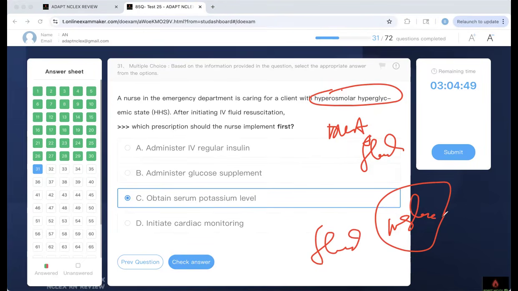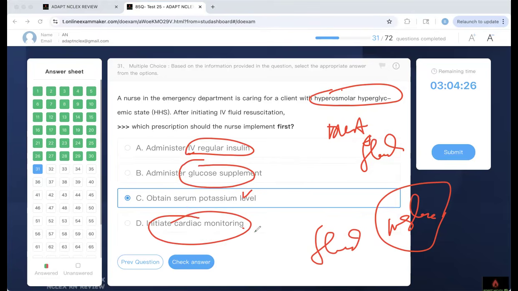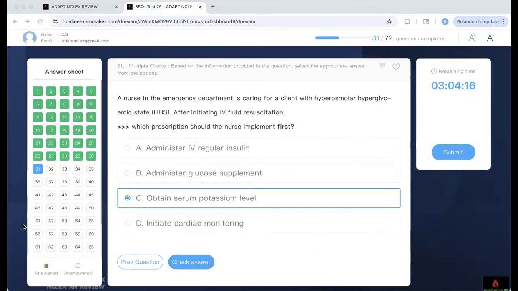Because if you give them insulin and you don't check the potassium, they become hypokalemic, and that's a big problem. Fine, we're going to give you insulin, but I got to check your potassium, right? You don't give them glucose right now. And then you have to know what their potassium is before you can place them on a cardiac monitor. So number 3 is the right answer, but if you get it wrong, it's okay. We got you.